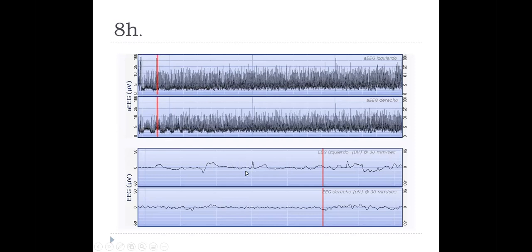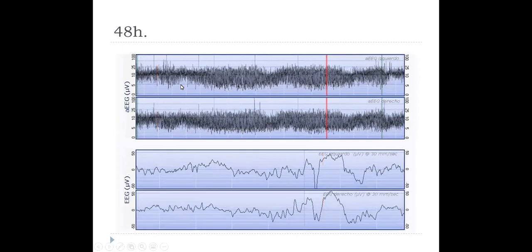This is the spike slow wave you can see in this case. At 8 hours, the seizure was electrical only. But at 48 hours, it recovered to a continuous pattern with slow wave cycling.